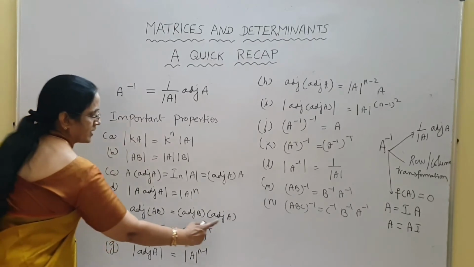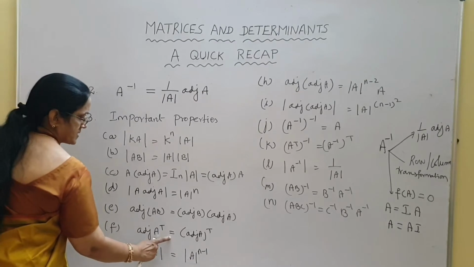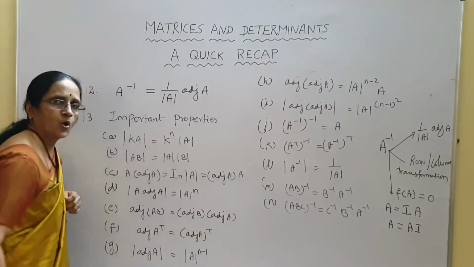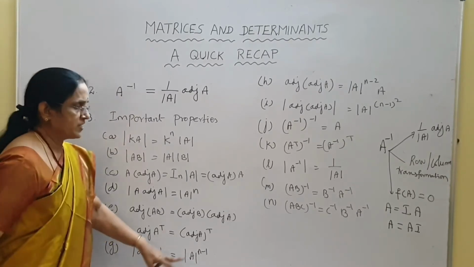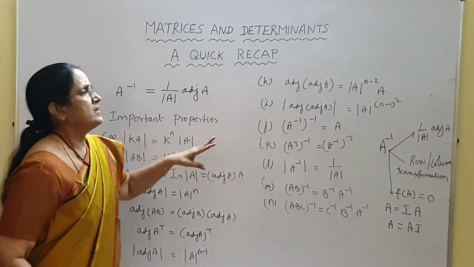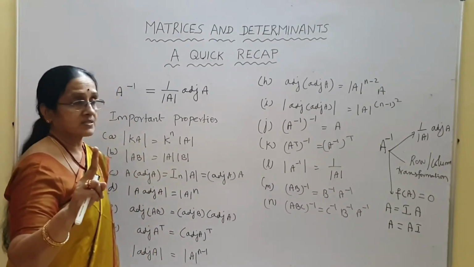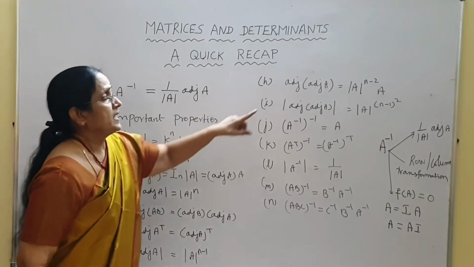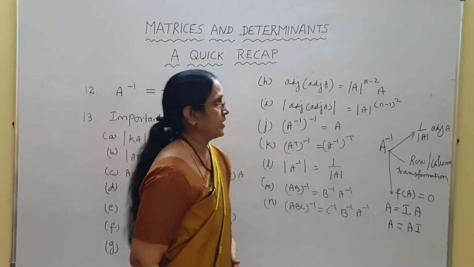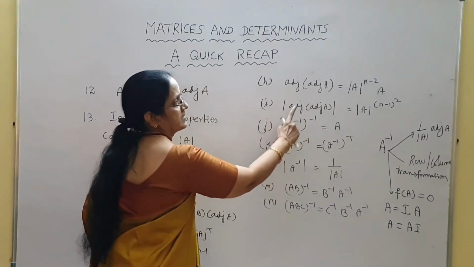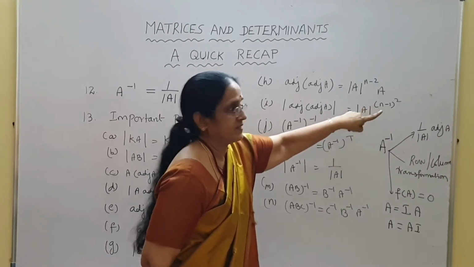Normally students will go wrong in this concept. The next one, adjoint of A transpose is equal to adjoint of A the whole transpose. Then determinant of adjoint of A is determinant A to the power n minus 1. They may even ask for 2 marks. Certain questions may be asked for 2 marks based on these concepts. Then adjoint of adjoint A is determinant of A to the power n minus 2 into A. Then determinant of adjoint of adjoint A is determinant A to the power n minus 1 the whole square.